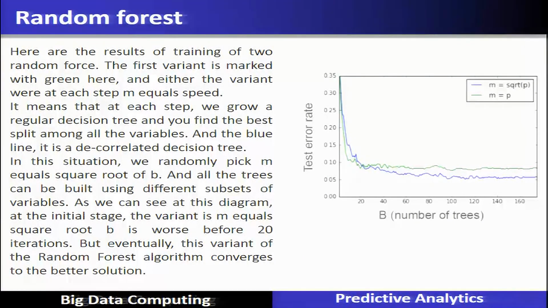So, random forest. Here the results of the training of two random forests are shown. The first variant is marked with a green line, the variant where m equals the total number of variables, which means that at each step we grow the regular decision trees and find the best split among all the variables.